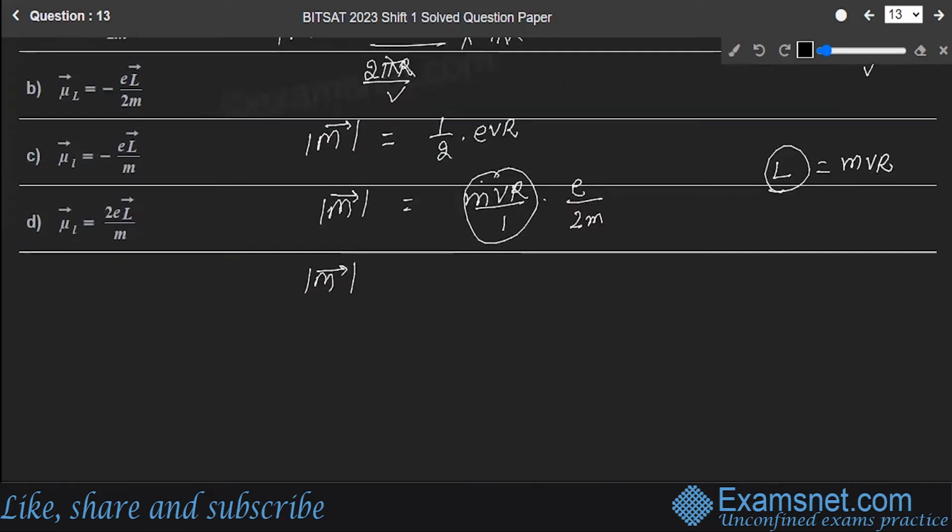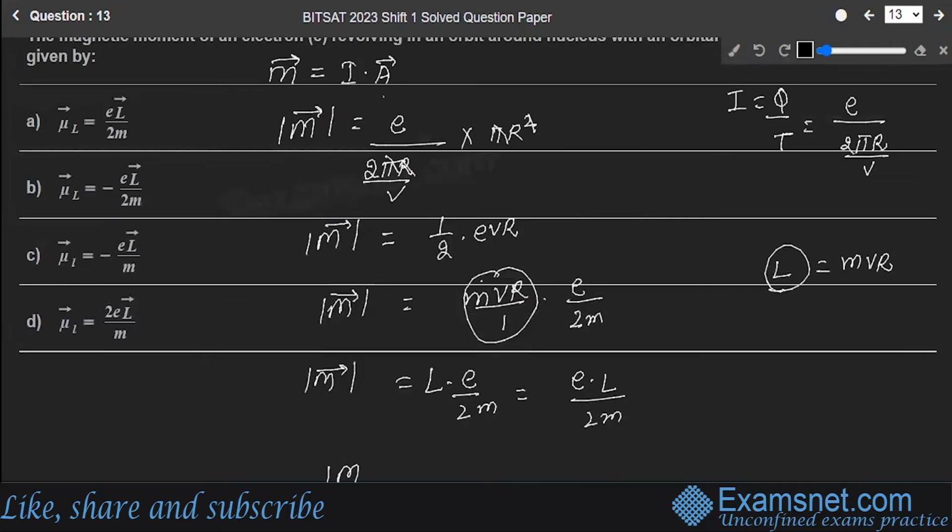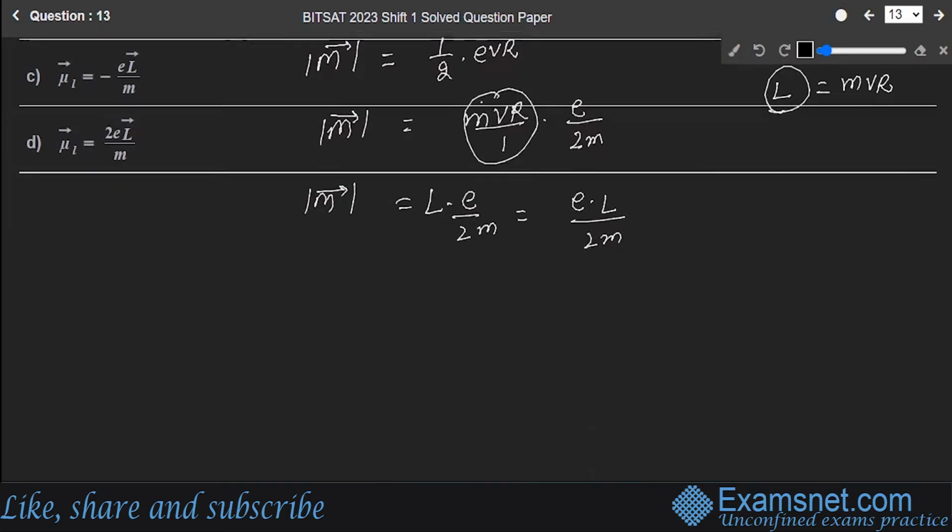So this becomes equal to L into e upon 2m, or let's write it like this. Wait, not the magnitude. This magnetic moment is equal to minus e L vector upon 2m.